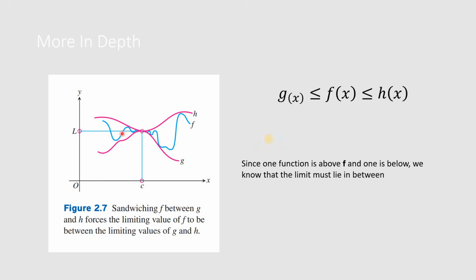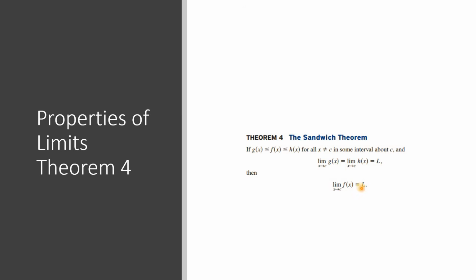They're all very smooth, and the sandwich theorem simply states that if you have a function h of x and g of x, and they both have the same limit at a certain point, and then you have an f of x function sandwiched in between them, where g of x is less than f of x and f of x is less than h of x, then the limit at that point has to also be the same as for these first two functions.